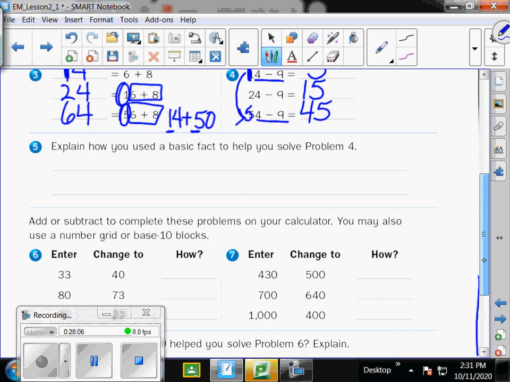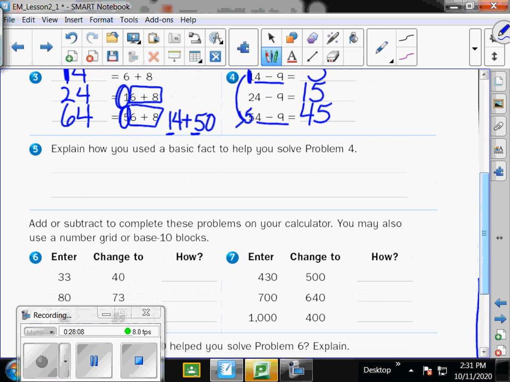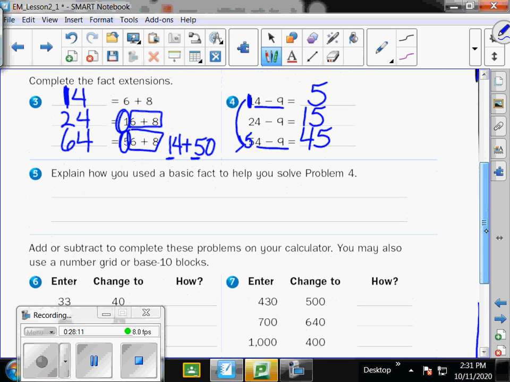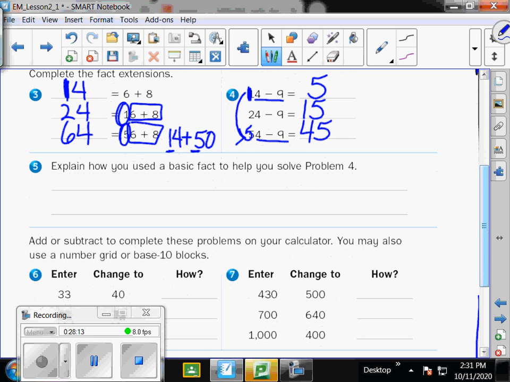All right, so explain how you used a basic fact to help you solve problem 4. And so if you use the basic fact to help you solve problem 4, you could say something like, let's see here.